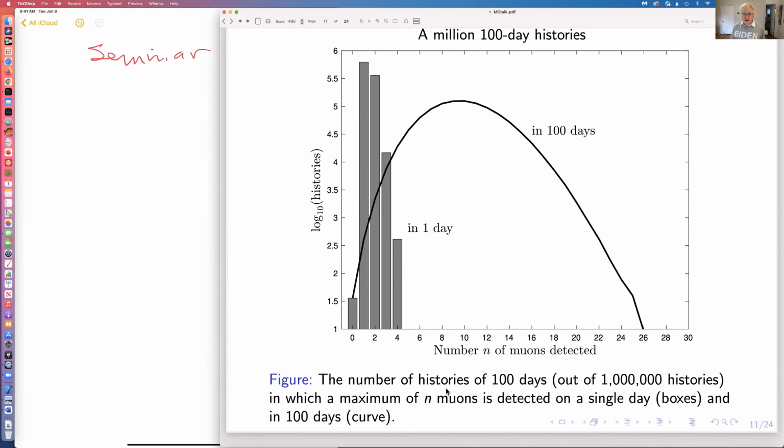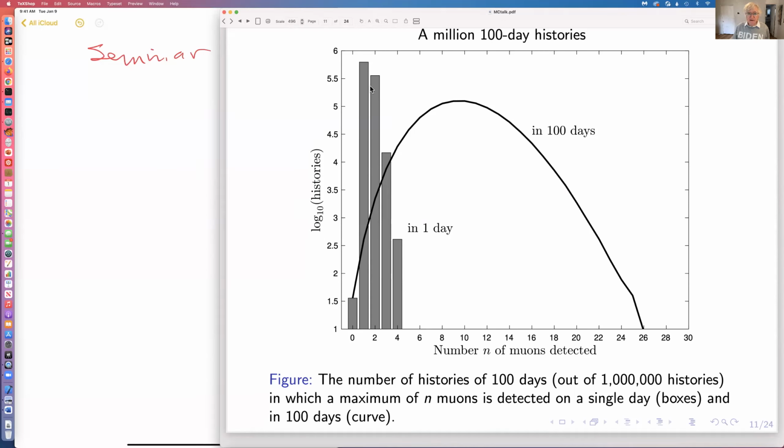So it's likely to get 1 muon per day. It's slightly less likely to get 2, considerably less likely to get 3 and 4, and then it falls off to something negligible. And in 100 days, you expect this kind of a distribution.